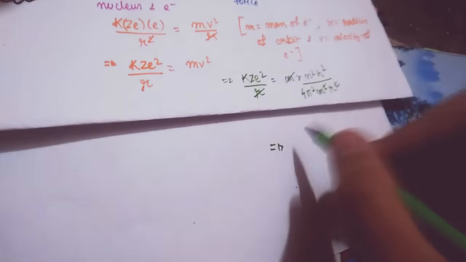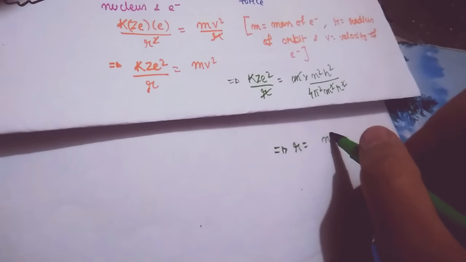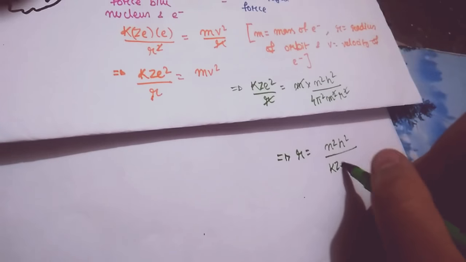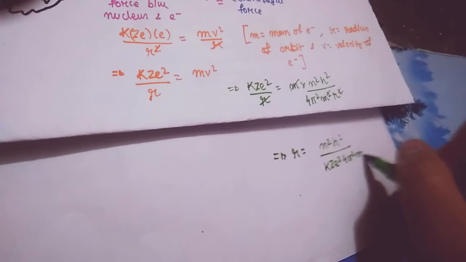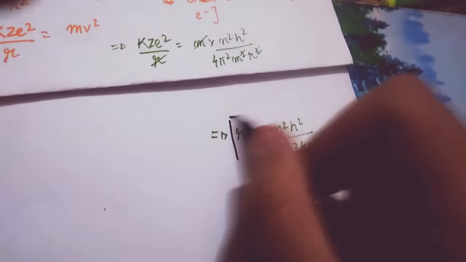If we bring r to the other side, r is equal to n squared h squared divided by k Z e squared 4 pi squared m. So this is the actual equation given by Bohr.